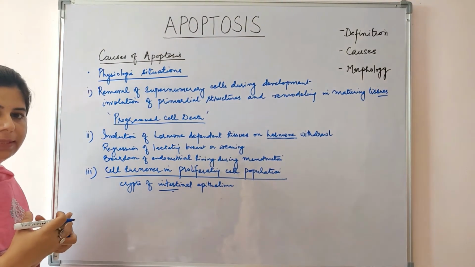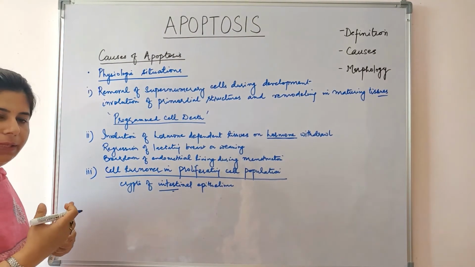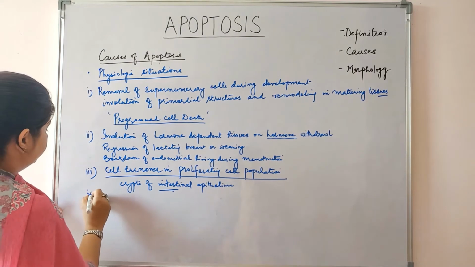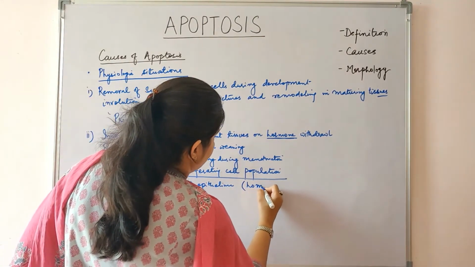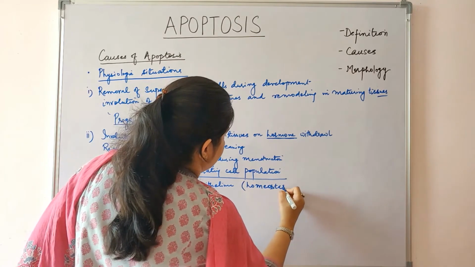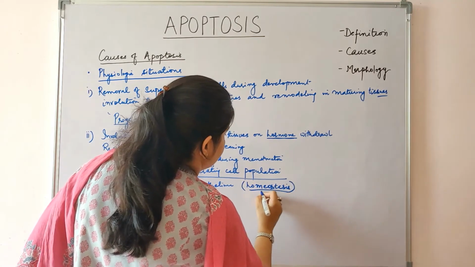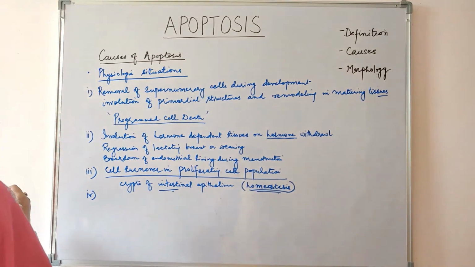So these cells are actively dividing. To maintain a constant number of cells, or homeostasis, these cells undergo cell death.